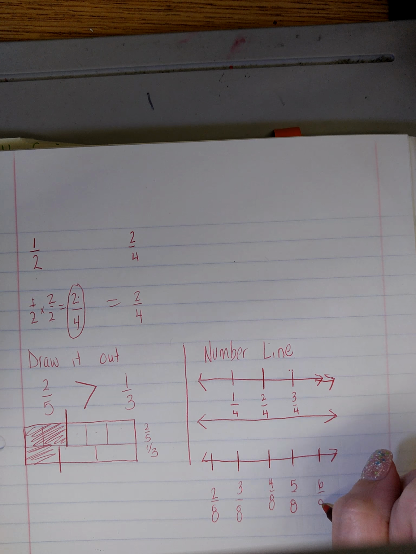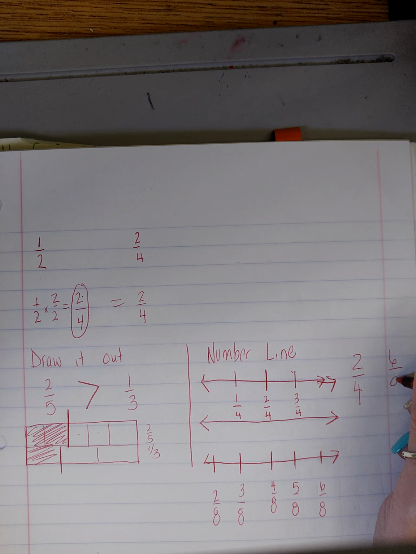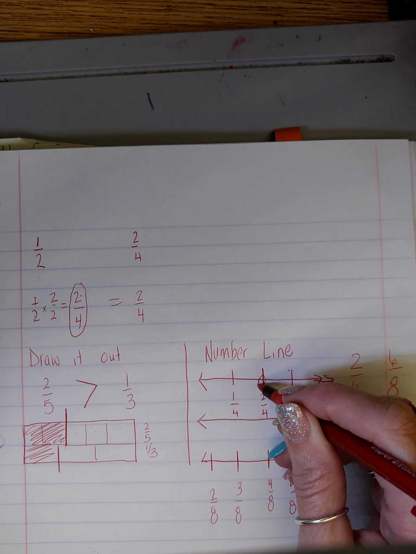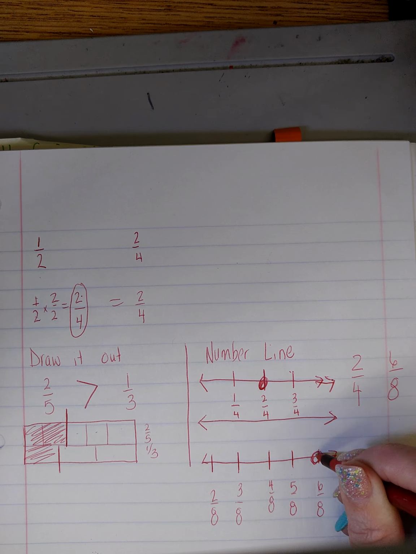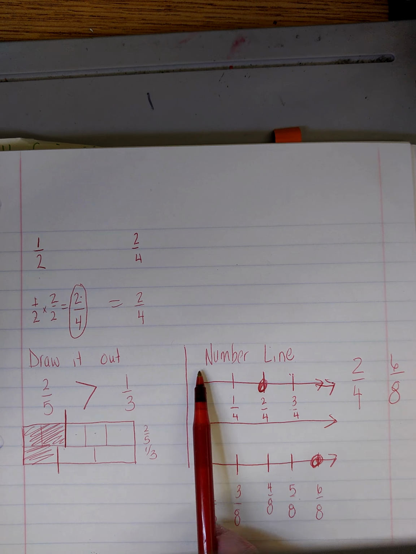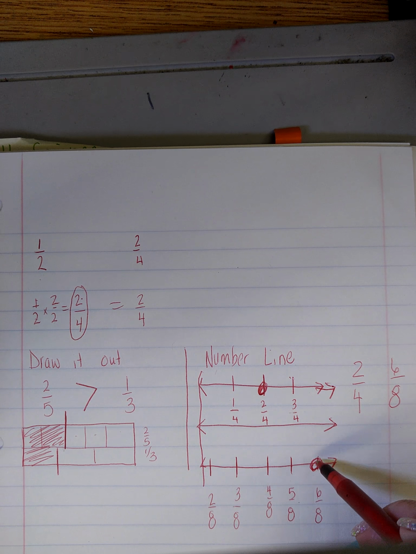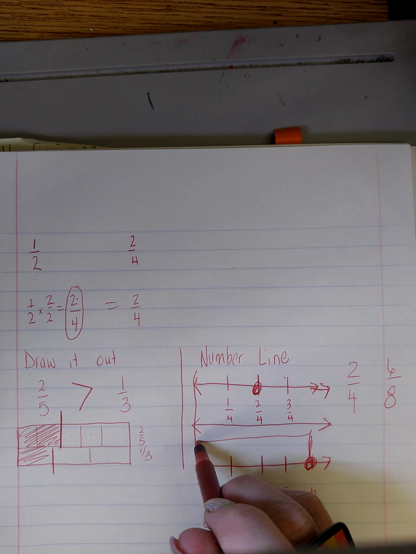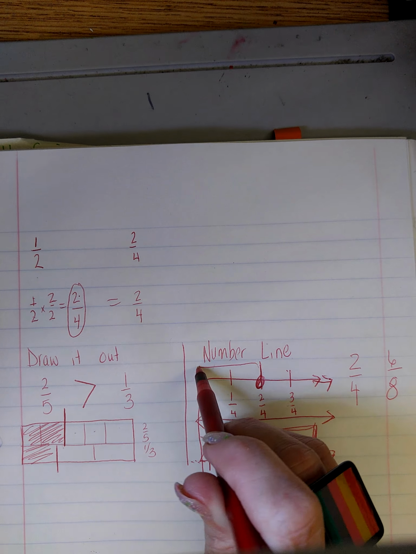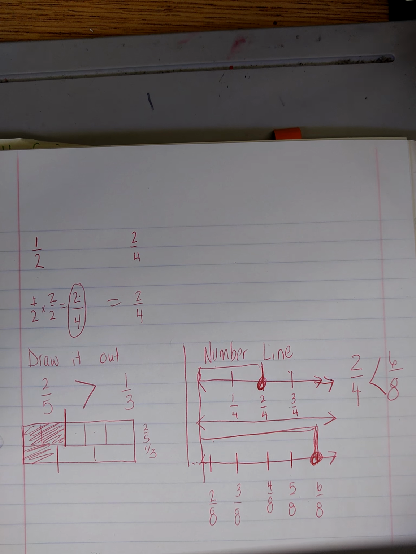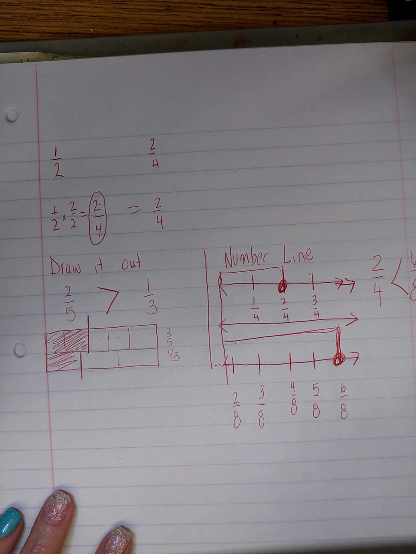So here if we are comparing 2/4 to 6/8, I would plot 2/4 on the number line. I would plot 6/8 on the number line, and we compare the distance from the beginning of the number line to see which one is bigger. Obviously, 6/8 is a greater distance from the beginning of the number line than 2/4, so 6/8 is my greater fraction.